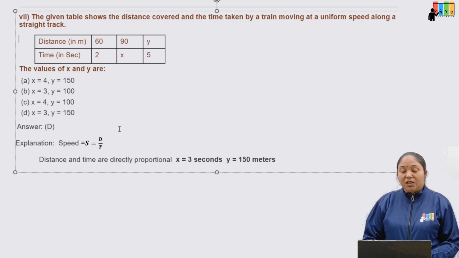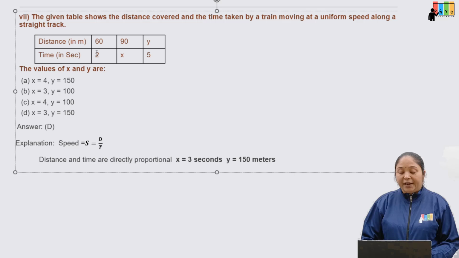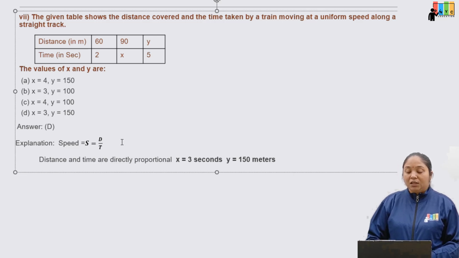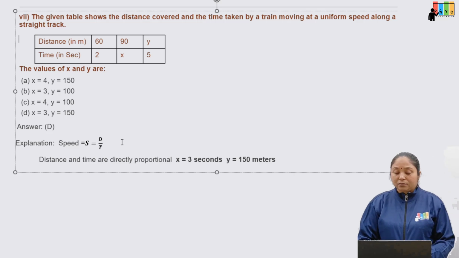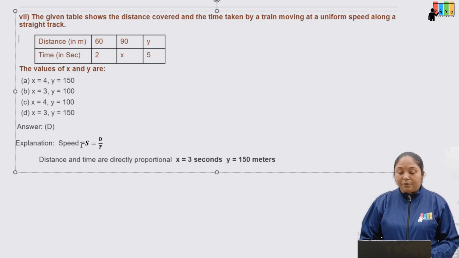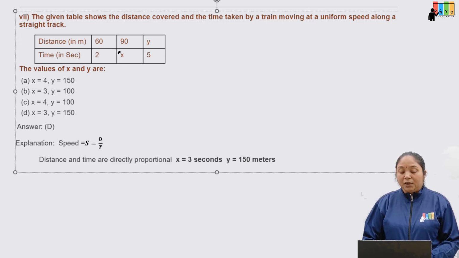We know that speed is distance upon time. Using this, first we need to find the speed. That means 60 upon 2, that is 30 meters per second. So we get speed as 30 meters per second.